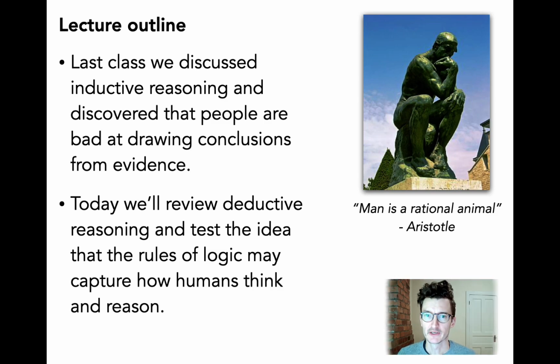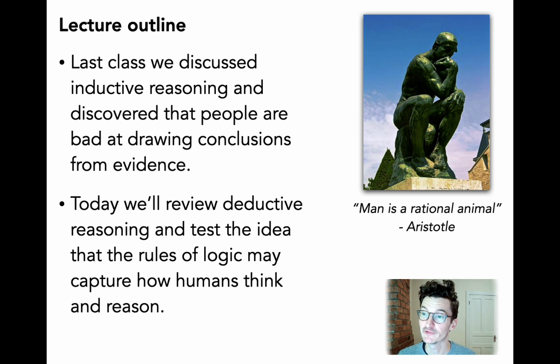So last class we started our discussion of reasoning and how we come to conclusions by talking about inductive reasoning. And we sort of discovered that people are kind of bad at reasoning to make good conclusions, to come to good decisions.